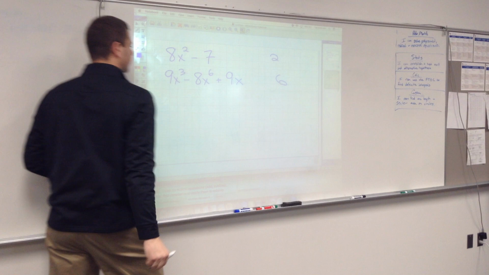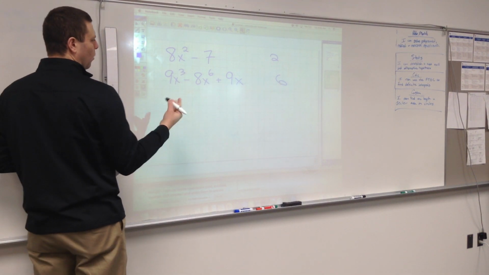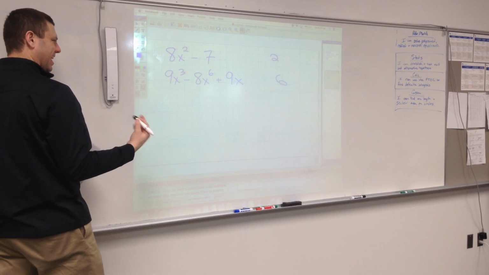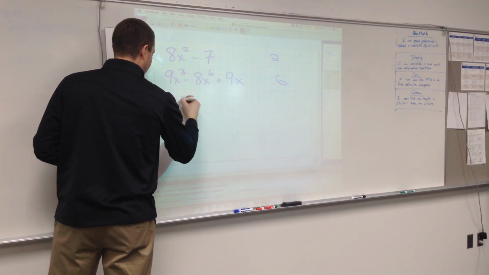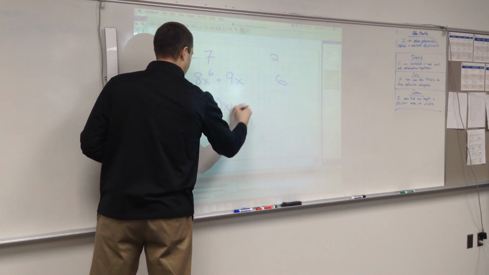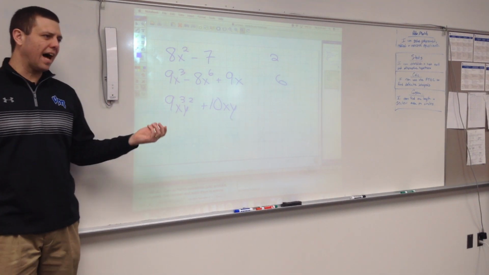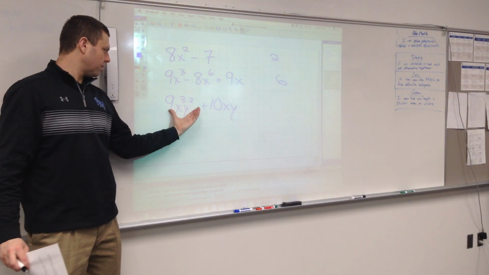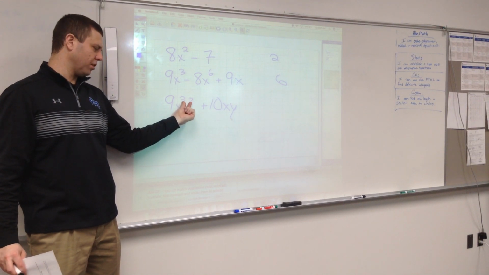Most of the ones we'll be dealing with only have one variable, but they can have multiple variables. So if I had 9x cubed y squared plus 10xy, in this case my degree would be 5, because this term has a degree of 5, because I add the powers on the variables together.